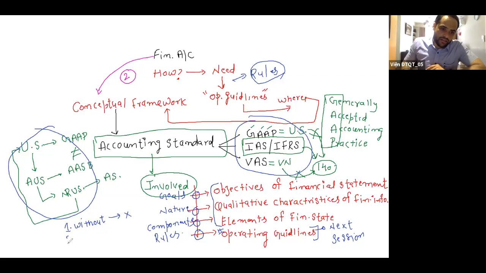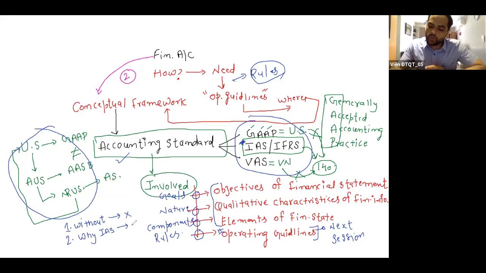Second thing, from this accounting standard point, we understand why IAS, which is International Accounting Standard, is important. All right? Why IAS is important.